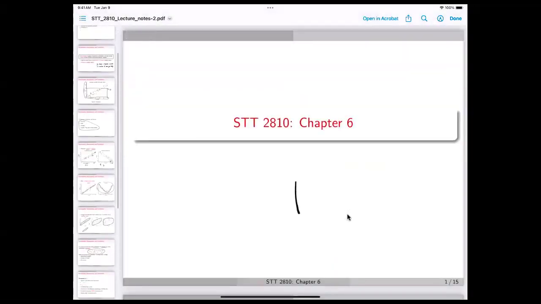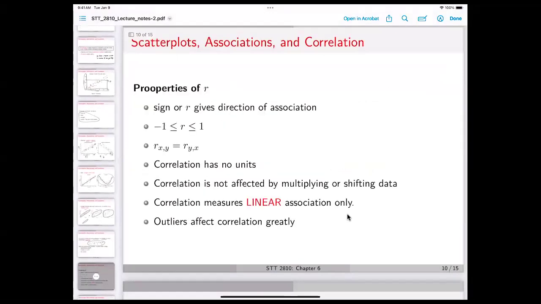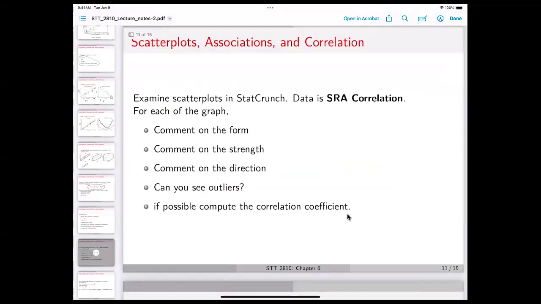And then let's get to start StatCrunch and then load this data. Is that okay? When we load the data, we are going to construct certain scatter plots, and then we are going to comment on the form, the strength, and then also the direction.